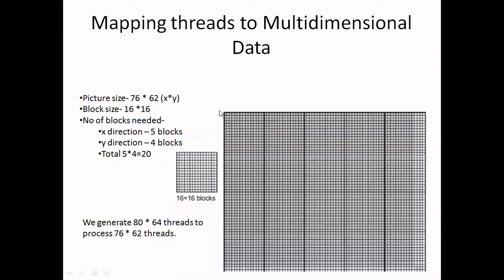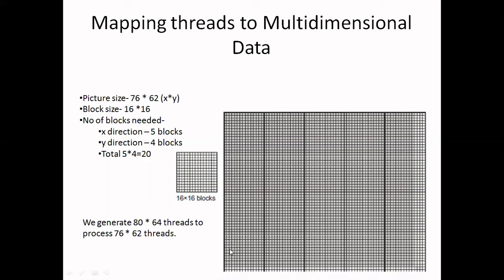For each thread, you will try to find out where it is. Maybe it is at the 78th position or the 75th position. So if it is in the x dimension from 0 to 75, then it will be allowed to access the data. If it is above that 75 position, then it will not be allowed to access data.